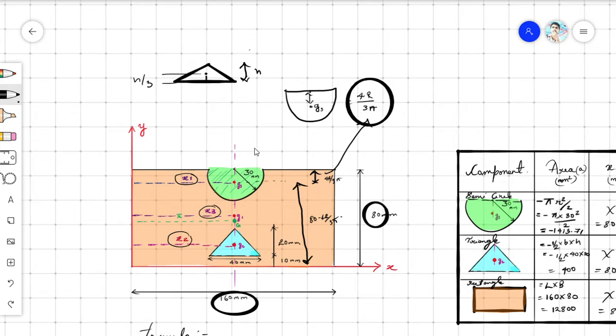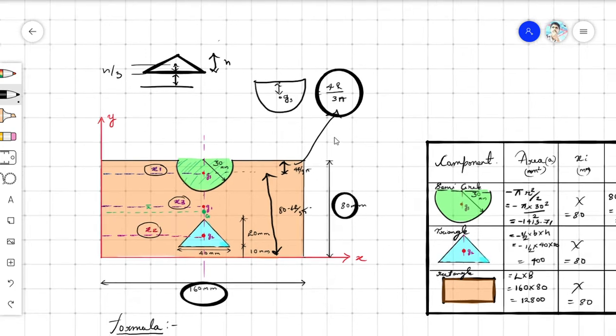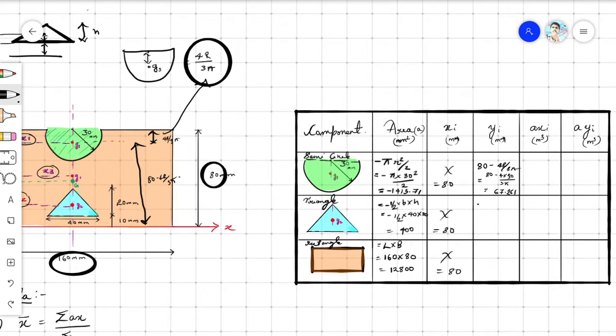But here not only h by 3, we have an addition of some distance, so it will be h by 3 plus 10 mm. So it is 10 plus h by 3, where h by 3 is 20 by 3, that is 16.66. And the last one, very easy, the rectangle which is 80 into 160, and it is directly b by 2 or 80 by 2, that is directly 40.